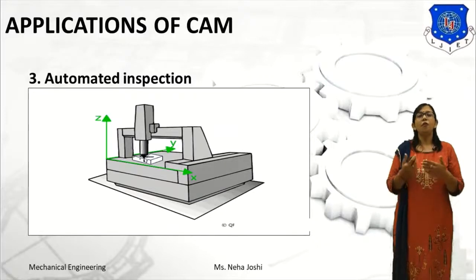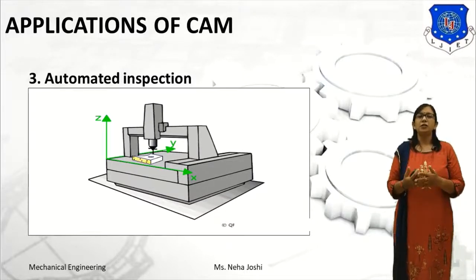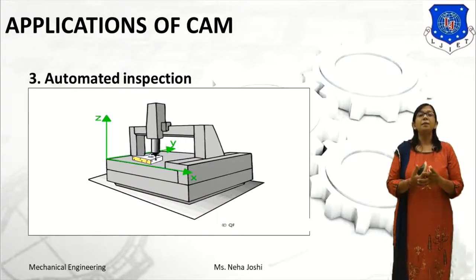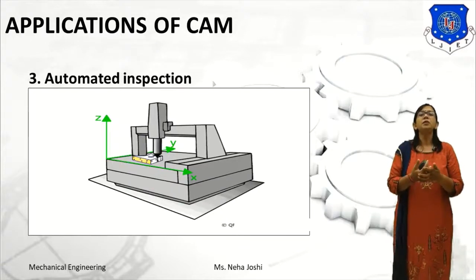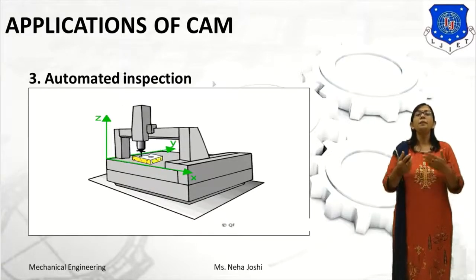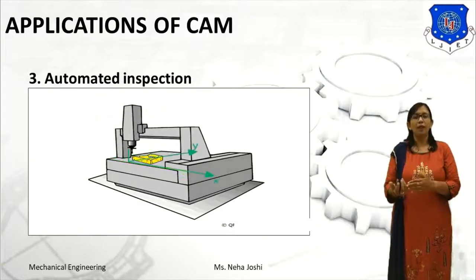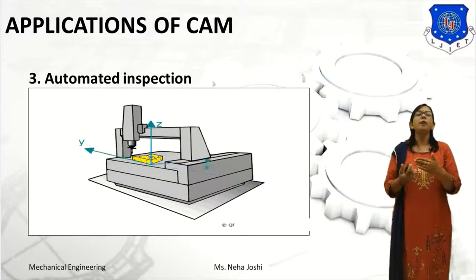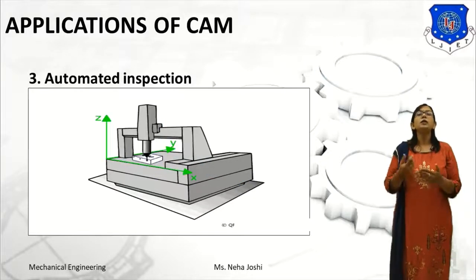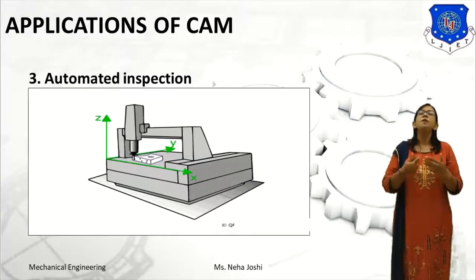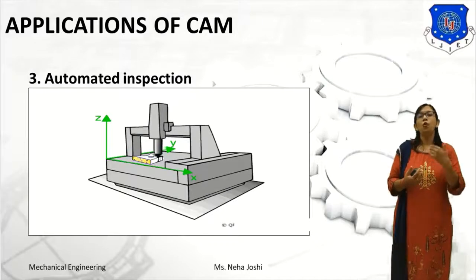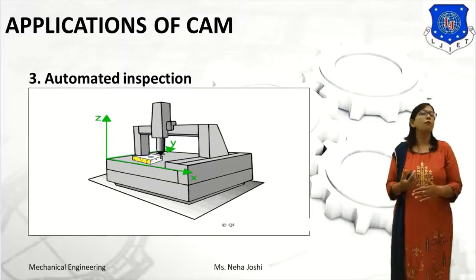Next application of CAM is in automated inspection. For that CMM, that means coordinate measuring machine, is used. A coordinate measuring machine accurately measures the geometry of an object along X, Y and Z axis using a touch trigger, scanning or vision probe to take a series of precise points on the surface of an object.